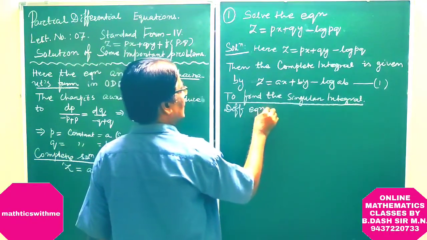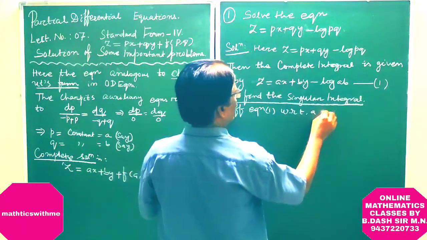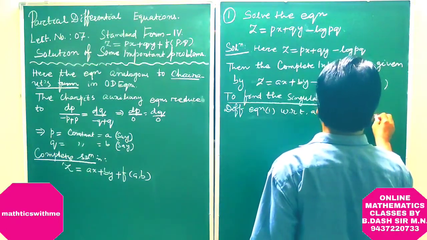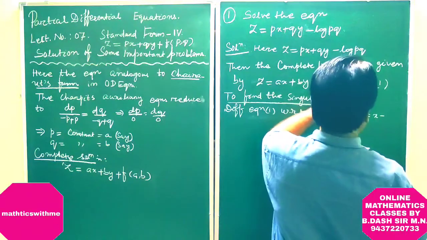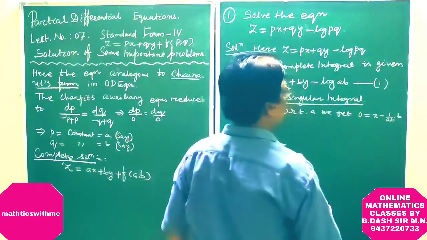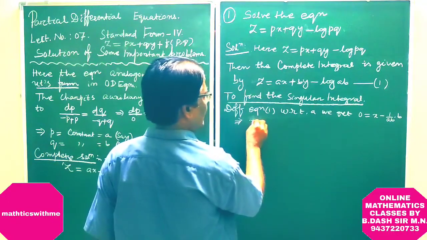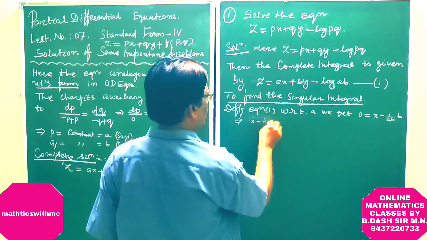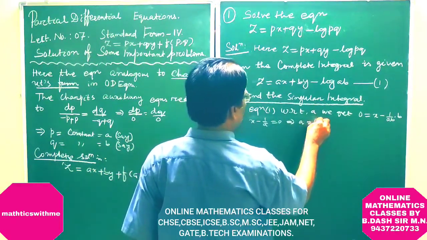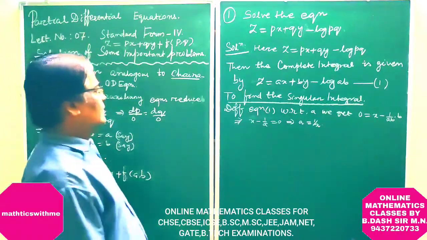Differentiating equation 1 with respect to a, we get 0 is equal to x minus 1 by ab into b. This implies x minus 1 by a is equal to 0, implies a is equal to 1 by x. So we get a is equal to 1 by x.